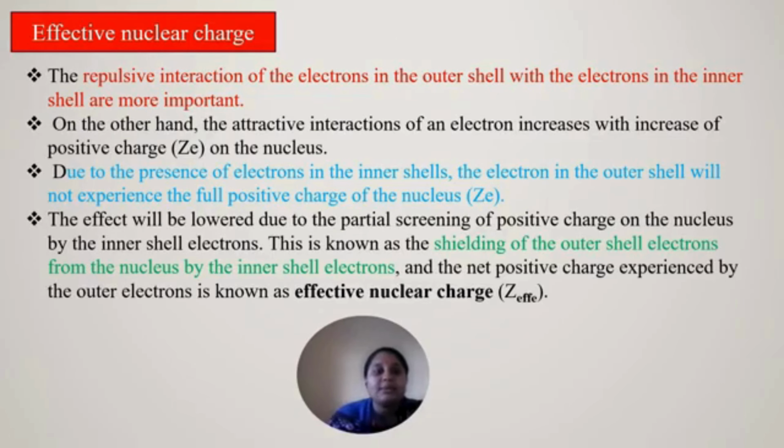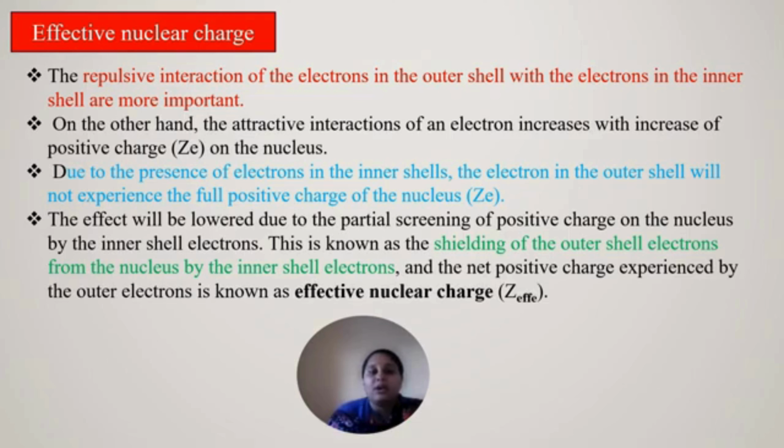So the next concept is effective nuclear charge. The interaction of the electrons in the outer shell with the electrons in the inner shell is very important. On the other hand, the attractive interaction of the electron increases with the increase in the positive charge. Due to the presence of the electrons in the inner shell, the outer shell electrons experience repulsion from the inner shell electrons.